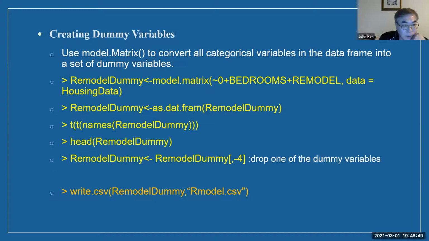So it should be old and recent, using this, and the first column is removed.